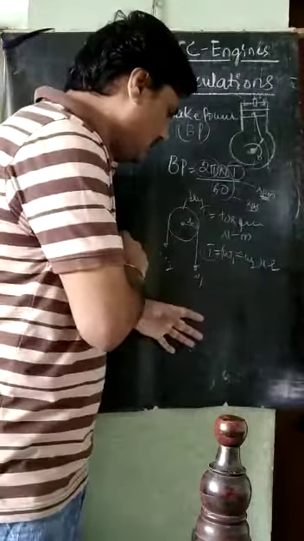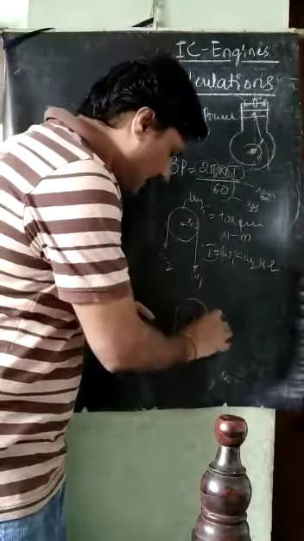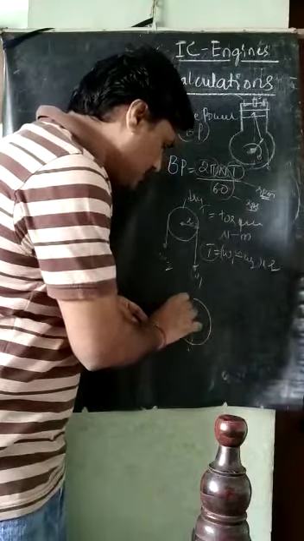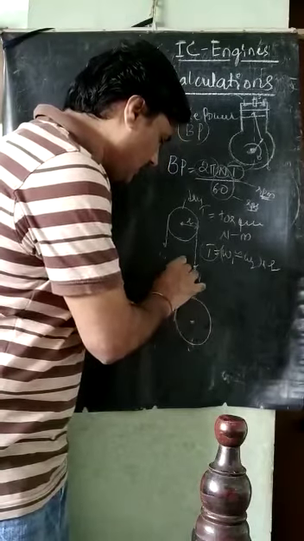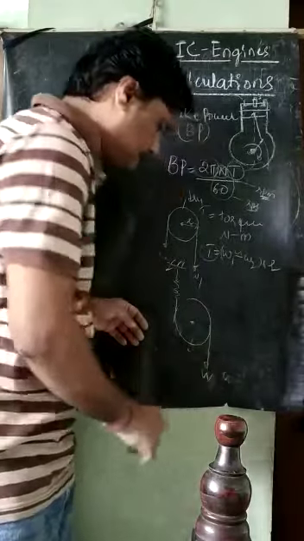In other types of dynamometers, there is a spring connection on one side and a dead weight on the other.